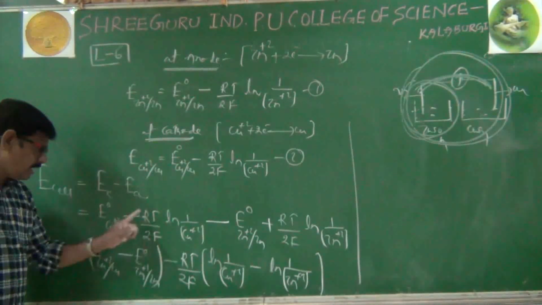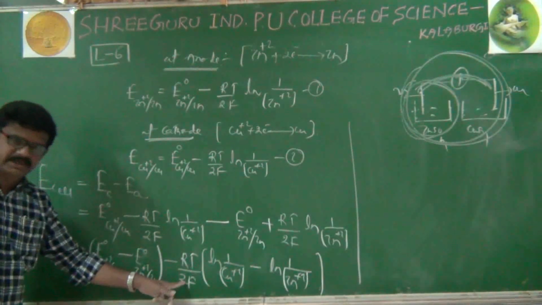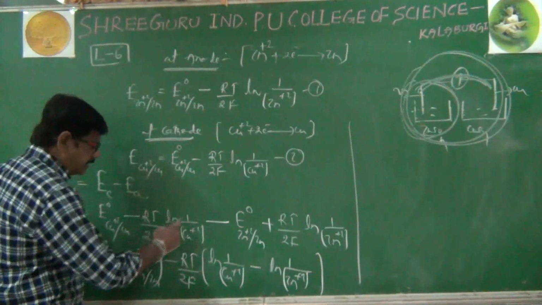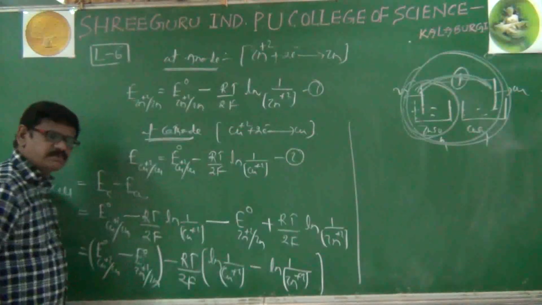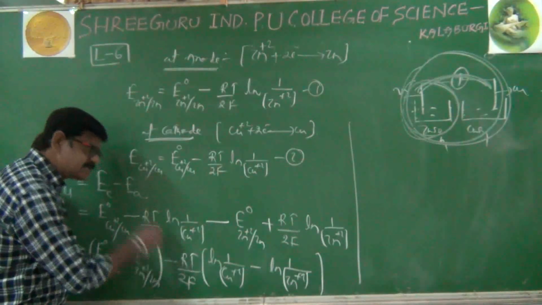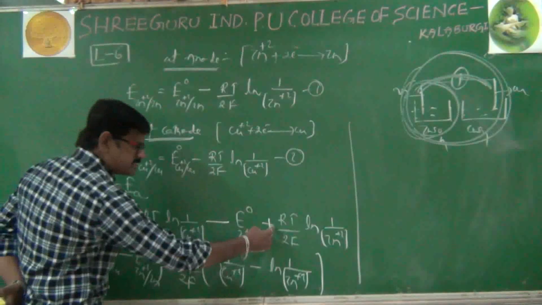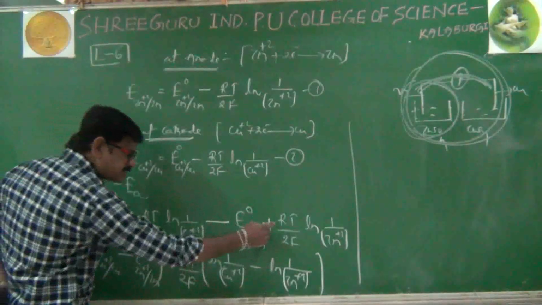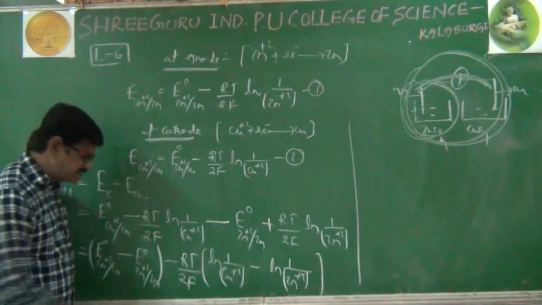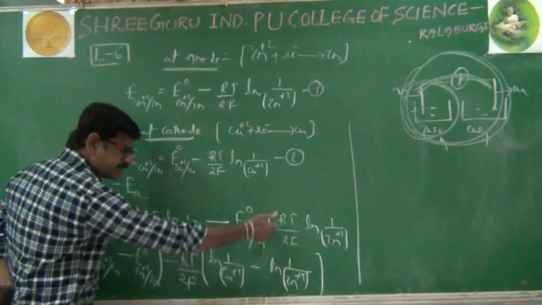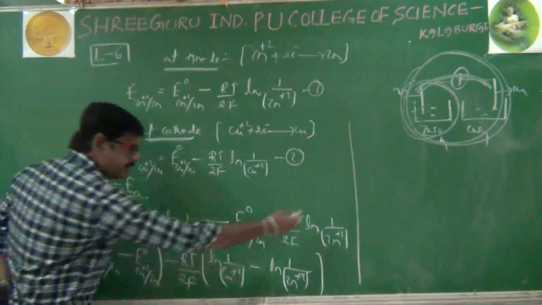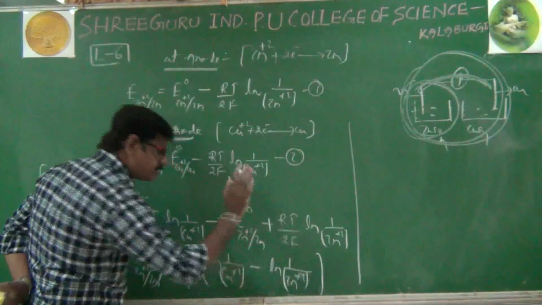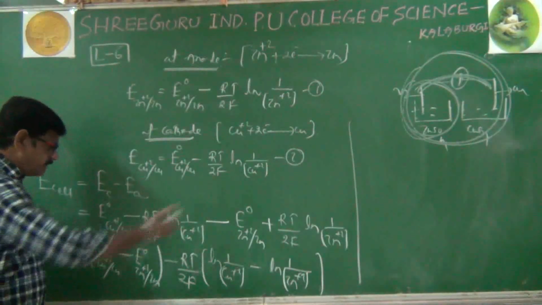Next, minus RT by 2F I am taking common, remaining is ln 1 by Cu²⁺. Here a plus sign is there, so to get that plus sign you have to write minus, because minus into minus gives plus. Remaining is ln 1 by Zn²⁺. Right. Now we will extend that.